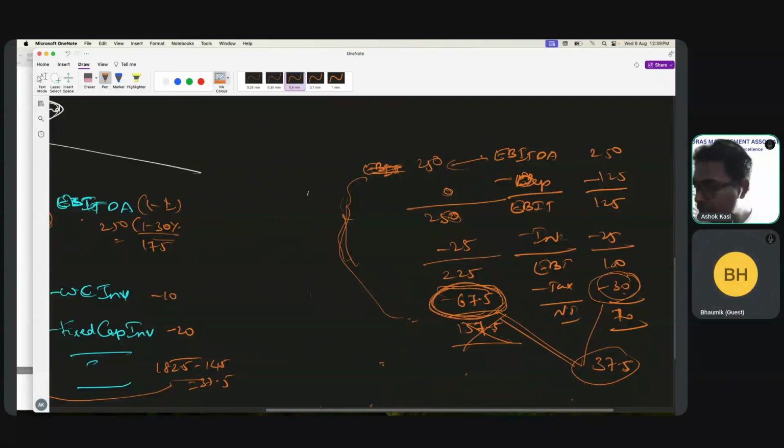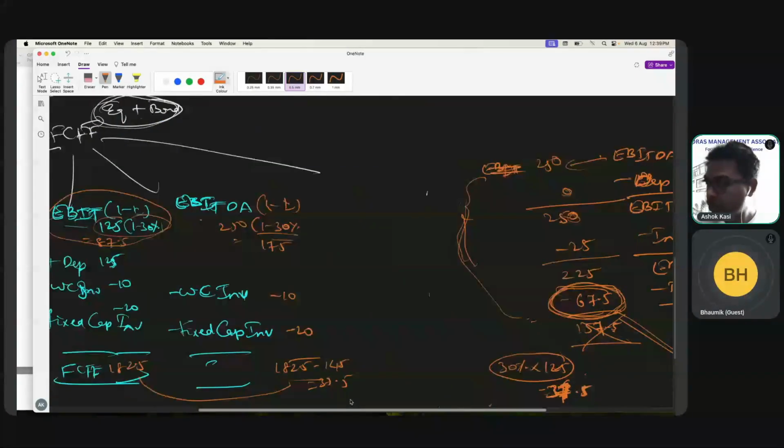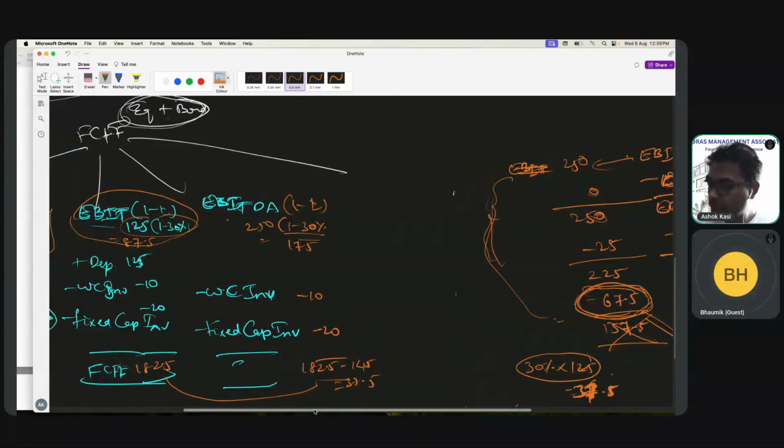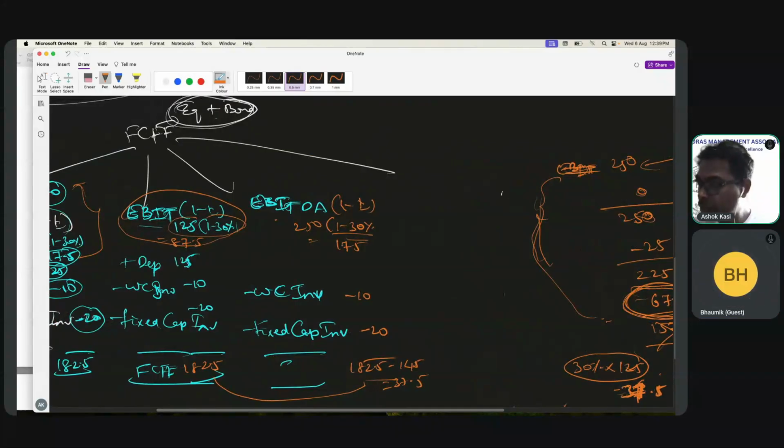37.5 is nothing but 30% of depreciation. Just calculate this. So that means this much I have overshown. Because I am paying over tax now, what should I do?